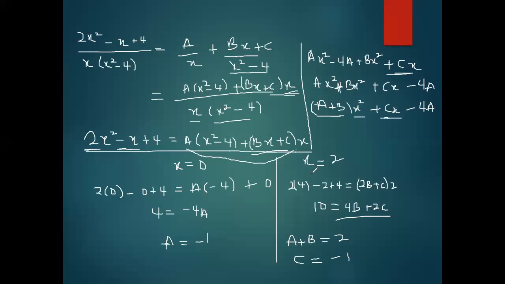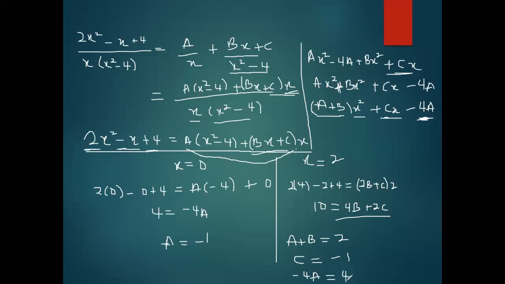Then the third expression you can have is, you see the constant here, which is minus 4a, is also the constant here. So from the third expression, we have negative 4a is equal to 4, the constant there.